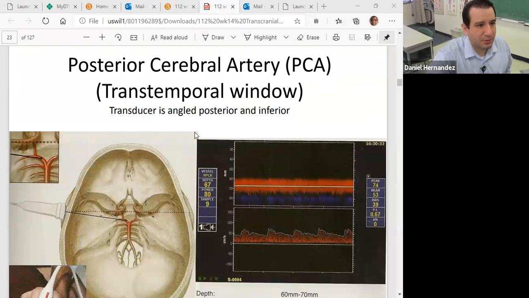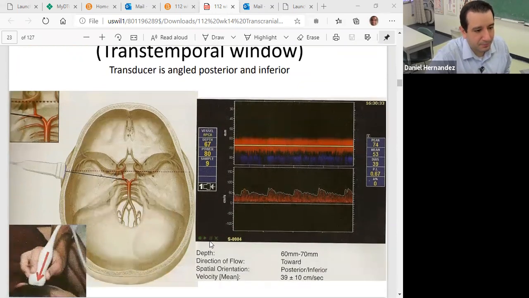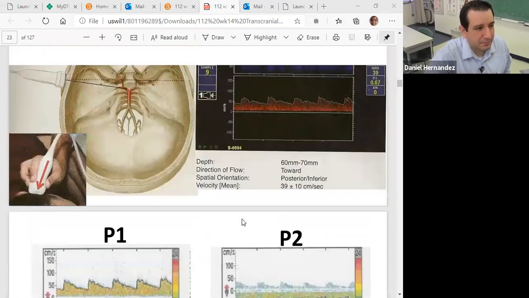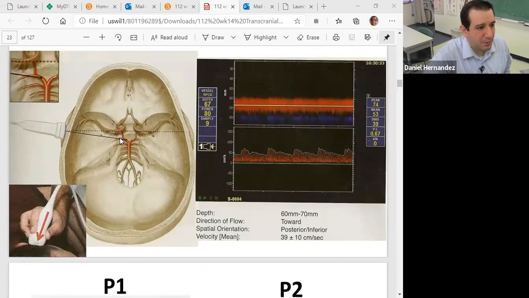This is the posterior cerebral artery from the transtemporal window, with the blood flow coming towards you. Here's your basilar artery coming up, and your posterior cerebral artery with blood flow coming towards you. So this is the P1 segment.